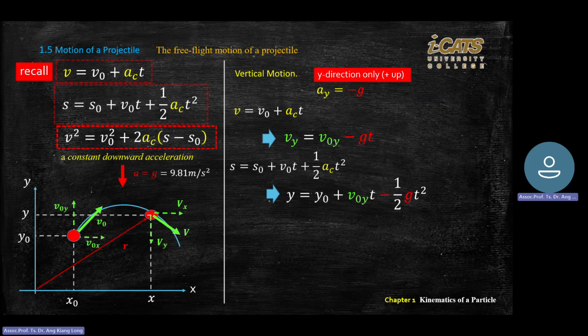S becomes y, so becomes yo, t is the same, a becomes negative g. Repeat the same for the third equation. So a becomes negative g, and S becomes y.